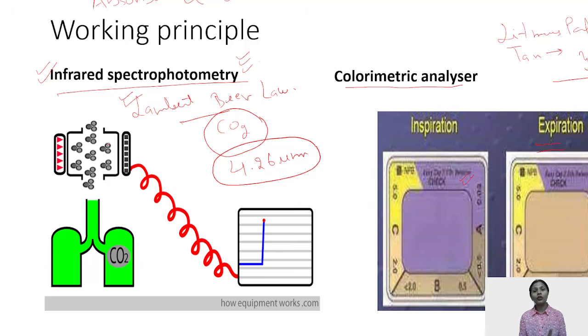They are directly proportional to the concentration of the CO2 plus the distance that has been covered. And the wavelength that CO2 absorbs is 4.26 micrometer. And eventually we'll have that capnograph display on our monitors.